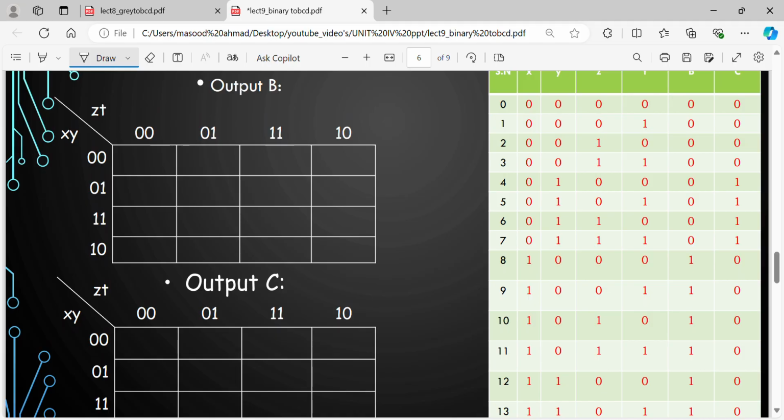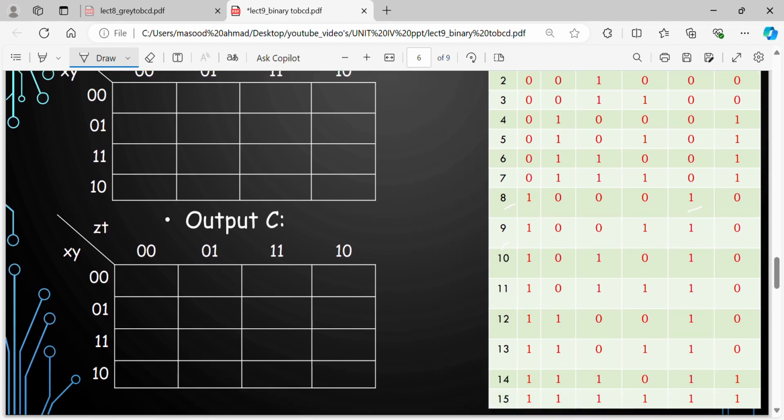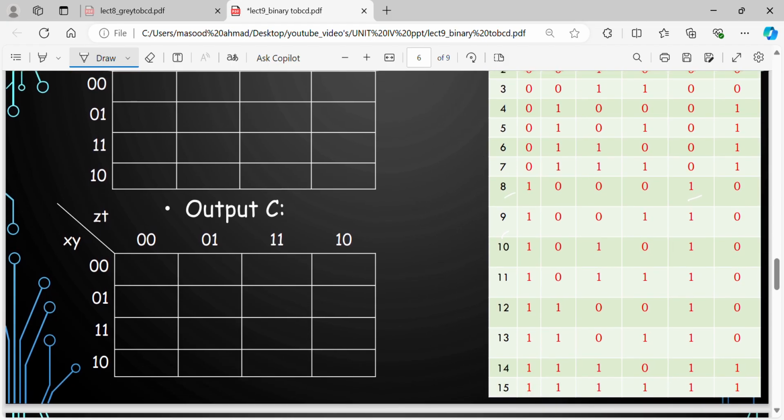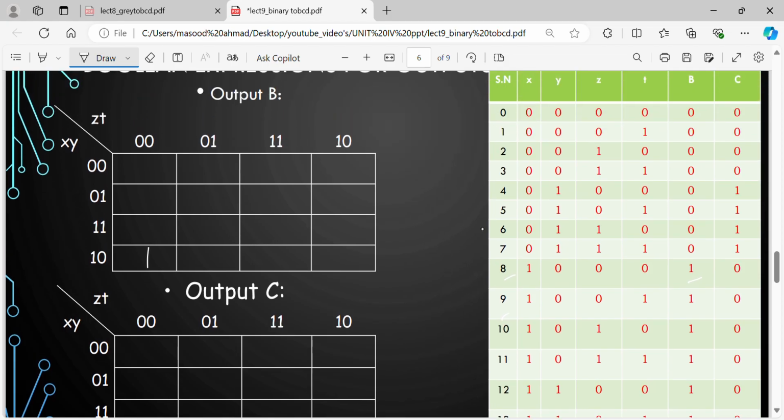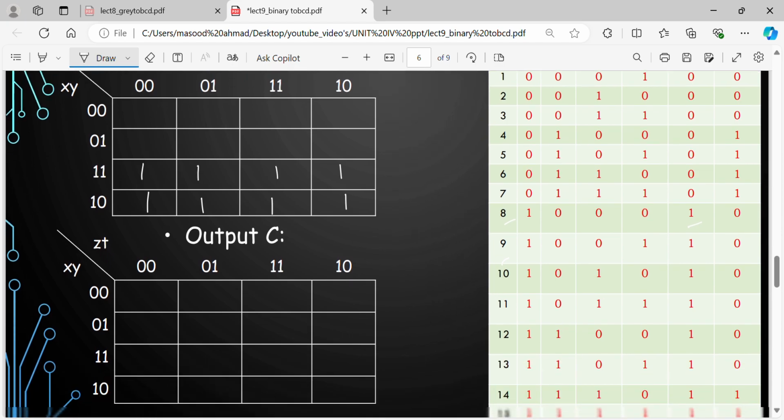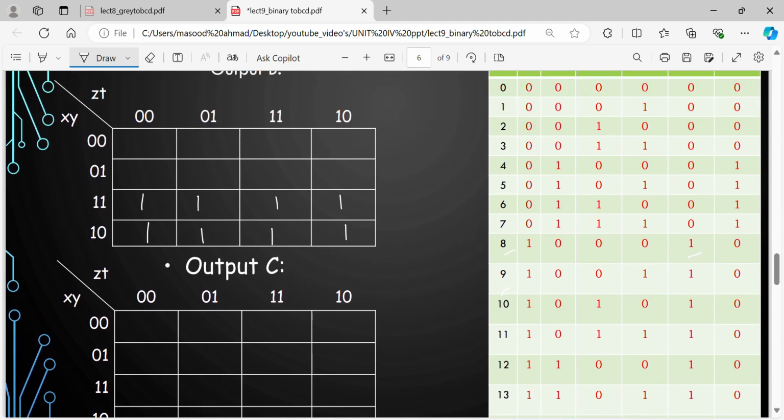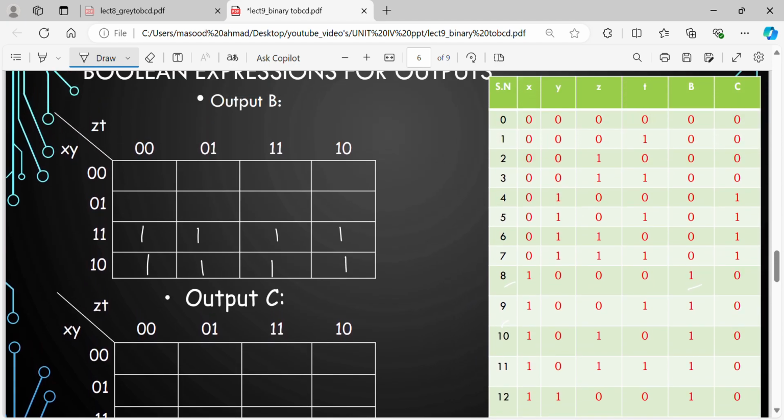It is 8, 9, 10, 11, 12, 13, 14, 15. This is 10, this is 11, 12, 13, 14, 15. Anything more is 1. Output B is 1 only for these.